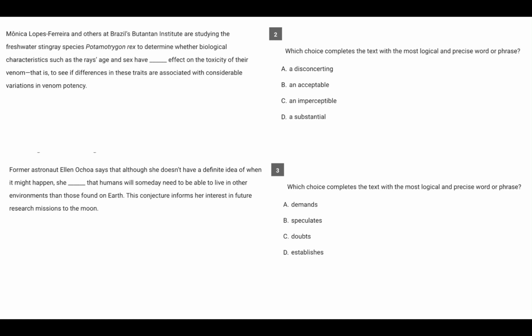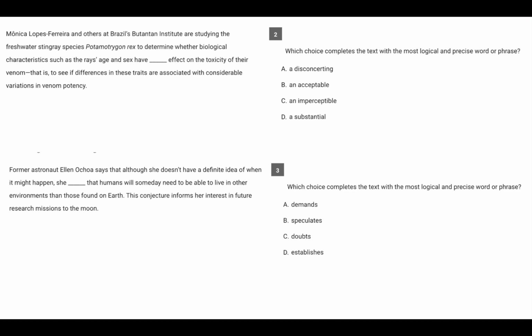So predicts matches this one. So we need to find a word which has a similar meaning to predict. Demands doesn't match that at all. She cannot demand that humans will someday need to be able to live in other environments. Let's look at B. Speculates. Speculates matches perfectly. To speculate something is to, once again, kind of predict that something will happen.